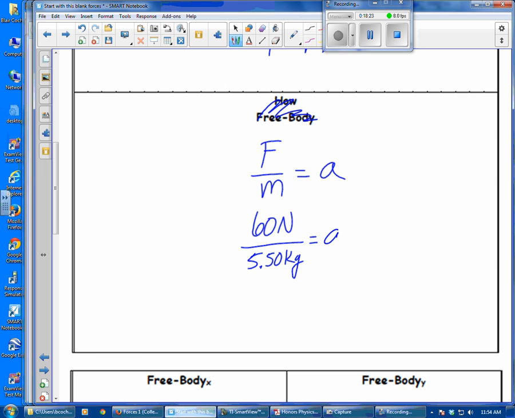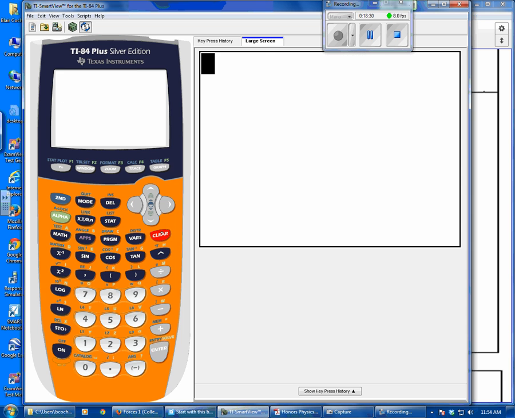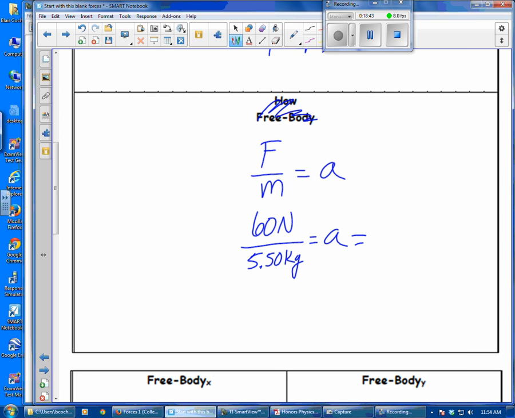And that's going to equal A. So 60 divided by 5.5, I get 10.9090909. So 10.9 meters per second squared.